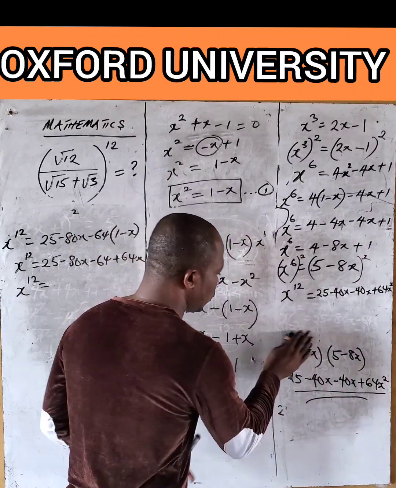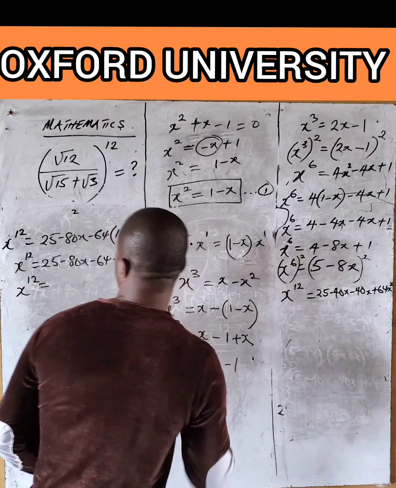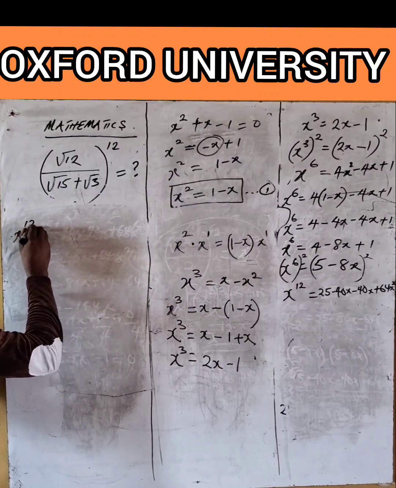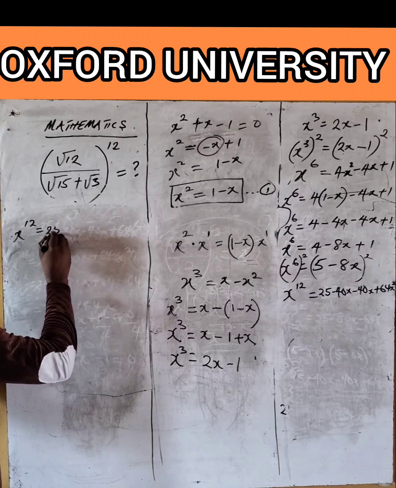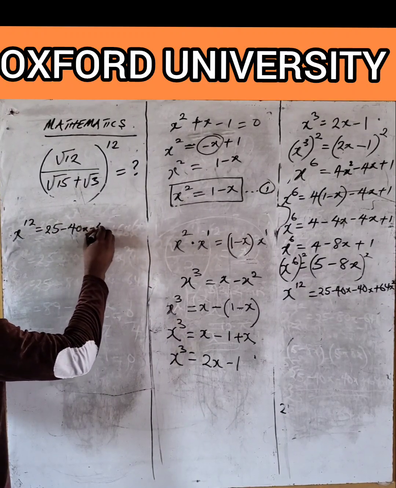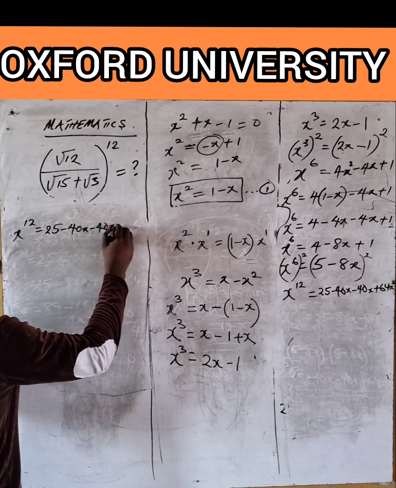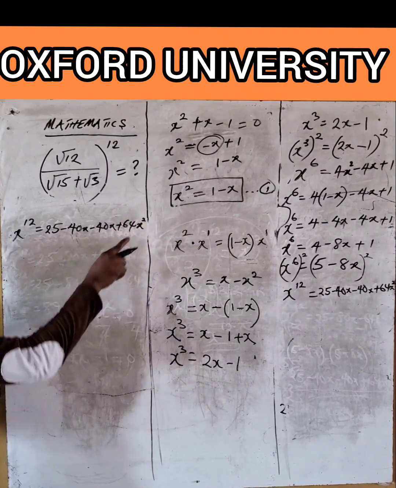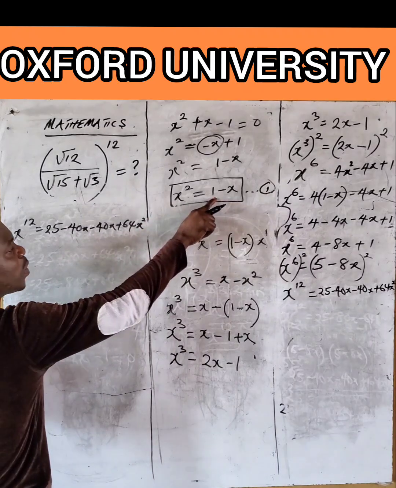If that is true, then we're having x raised to the power 12 is equal to 25 minus 40x minus 40x plus 64x squared. Remember that our x squared is to be replaced with 1 minus x.